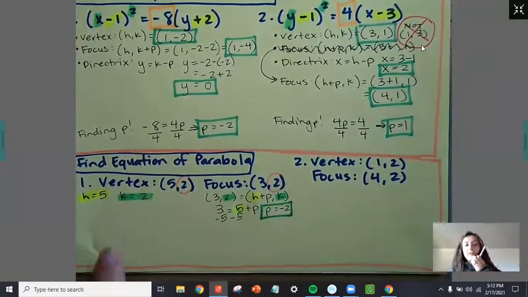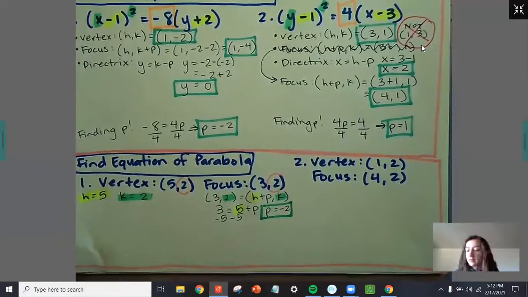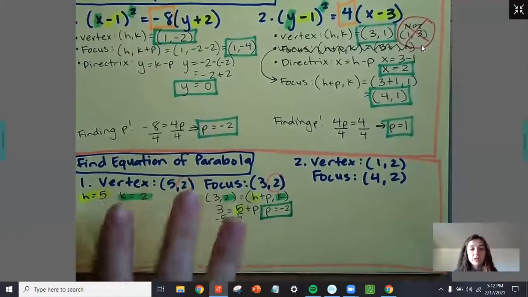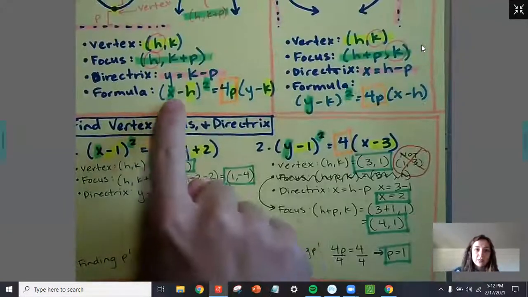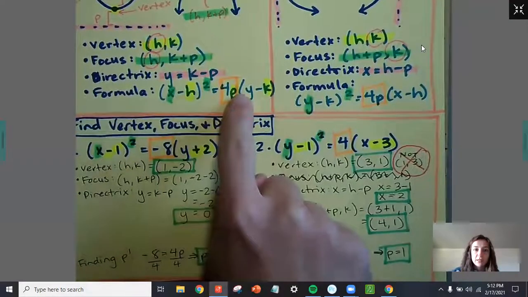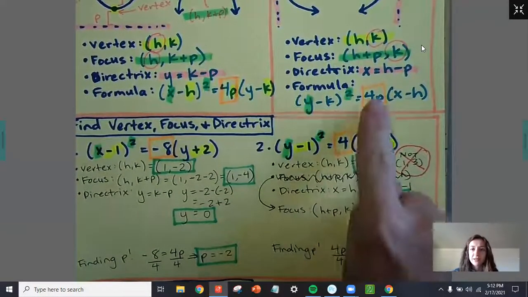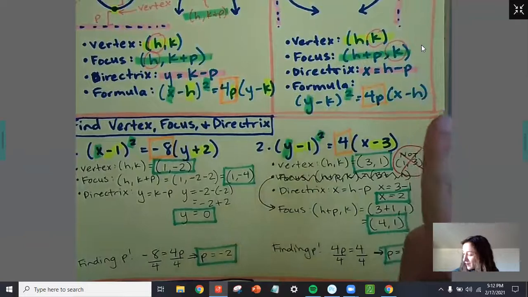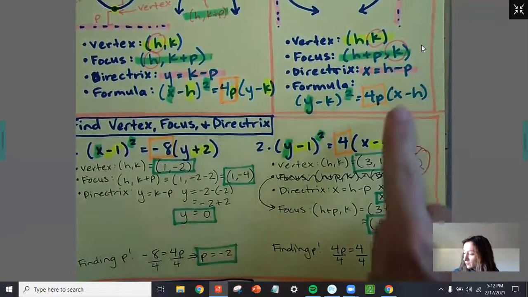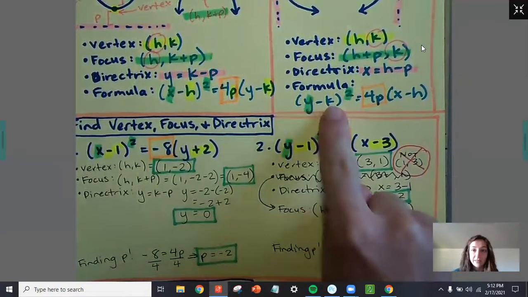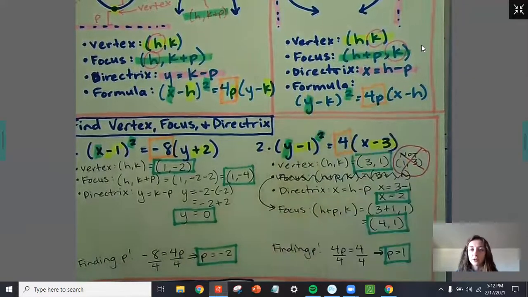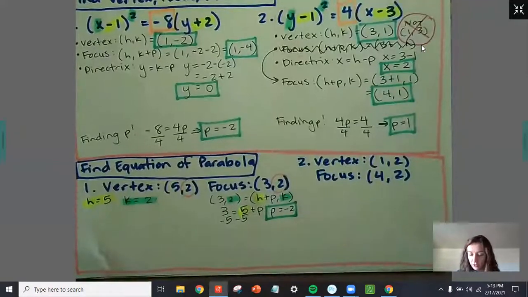Okay, now that we have our h, our k, and our p, we can actually plug into our equation because you'll notice those are the only values that we need. H, p, and k. Or sorry, we're looking at these equations over here. So that means that we're going to be looking at this k, p, and h over here. So let me just write out the formula first.